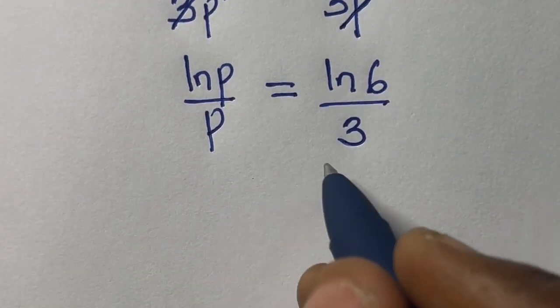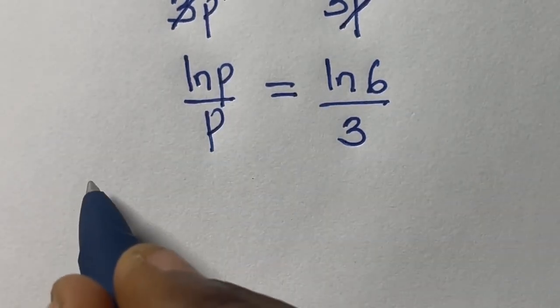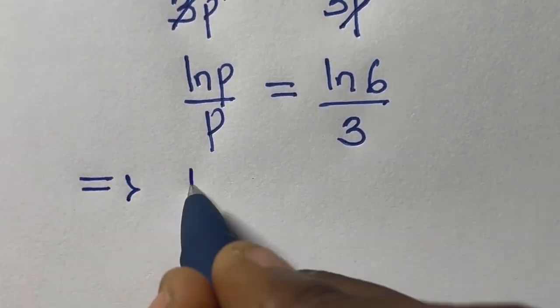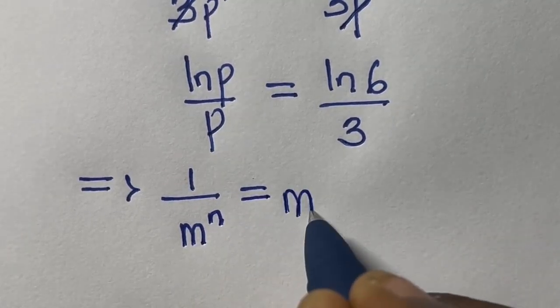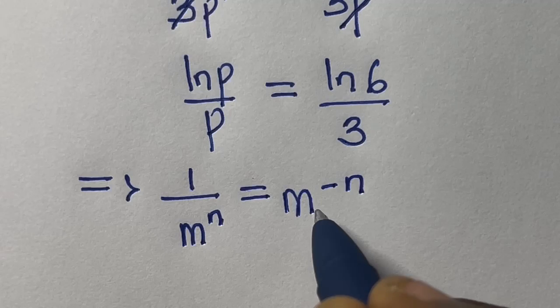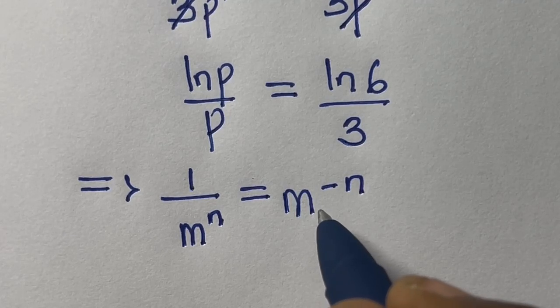Alright. However, for this, let's note that from the law of indices, 1 divided by m raised to power n is equal to m raised to power minus n. This is the negative index law of indices.